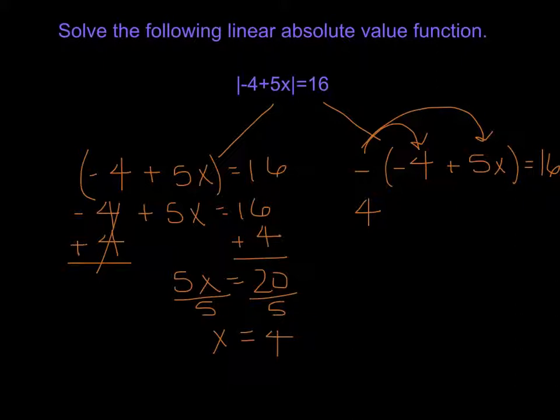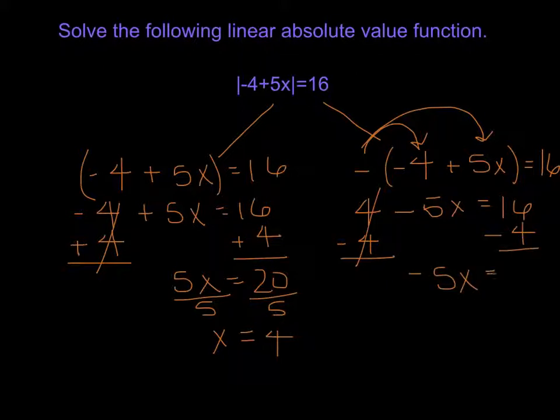And a negative 1 times 5x is a negative 5x. I'm going to subtract 4 from both sides. That's the inverse. And I get negative 5x equals 12. And when I divide both sides by negative 5, I get x equals negative 2.4.